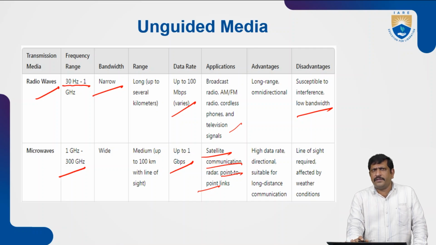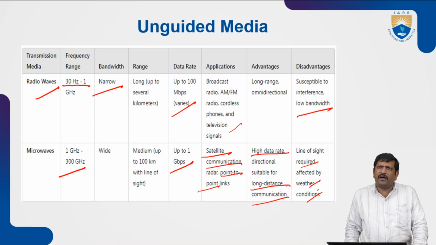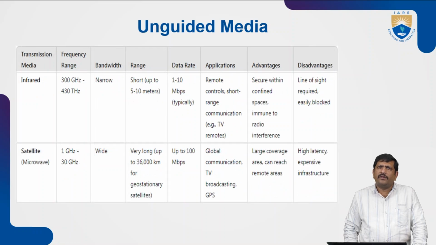The microwave data rate is very high, and it is directional, which is suitable for long distance communications. The disadvantage is that line of sight is required, and it will be affected by weather conditions. That means microwaves depend upon the weather, so it will change.